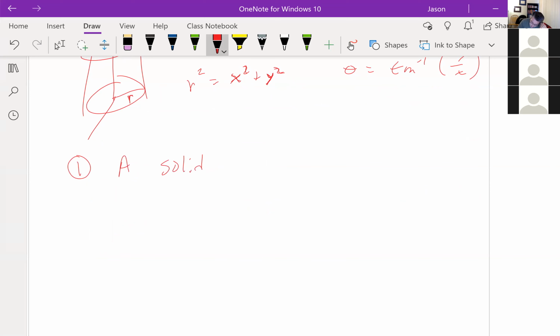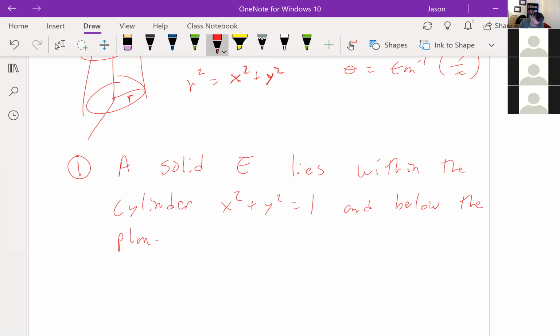A solid E lies within the cylinder X squared plus Y squared equals 1, and below the plane Z equals 4, and above the paraboloid Z equals 1 minus X squared minus Y squared.